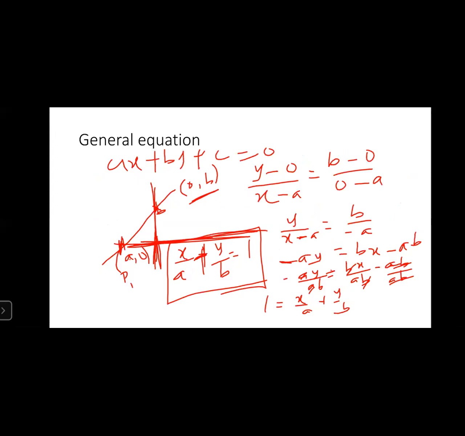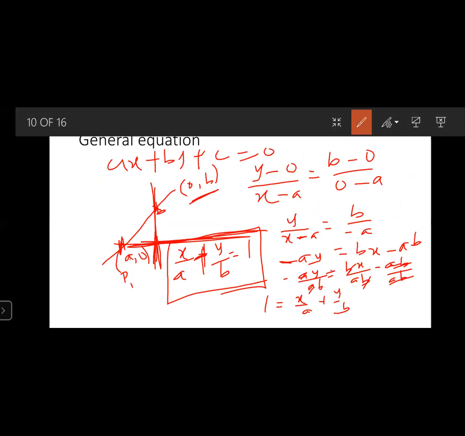I think this is where we stopped last time, where we concluded on the general equation. That is another equation that we can also apply. So we can have, if we are given two intercepts, the intercept on y and the intercept on x.